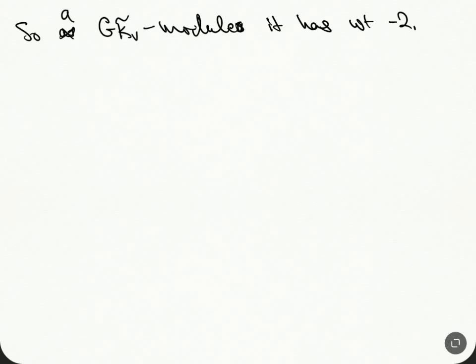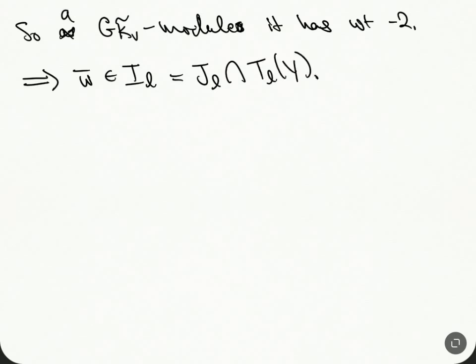So this implies that W bar must be in the weight minus 2 piece, IL, which is by definition JL intersect the integral part, TLY. Okay, but this is a contradiction.